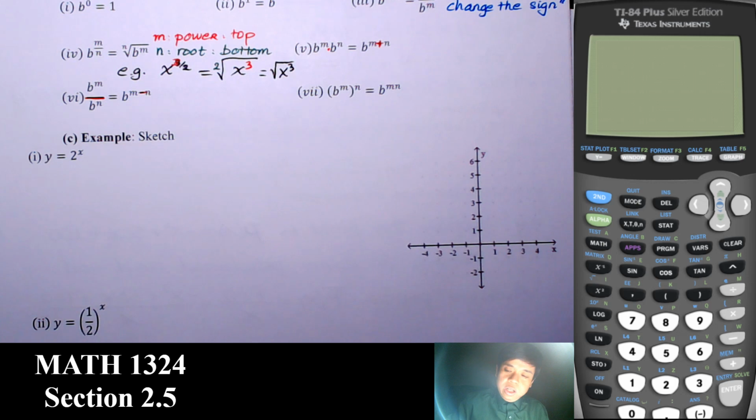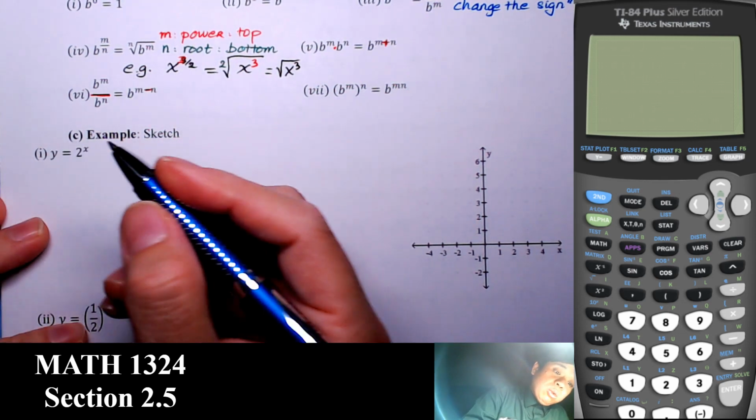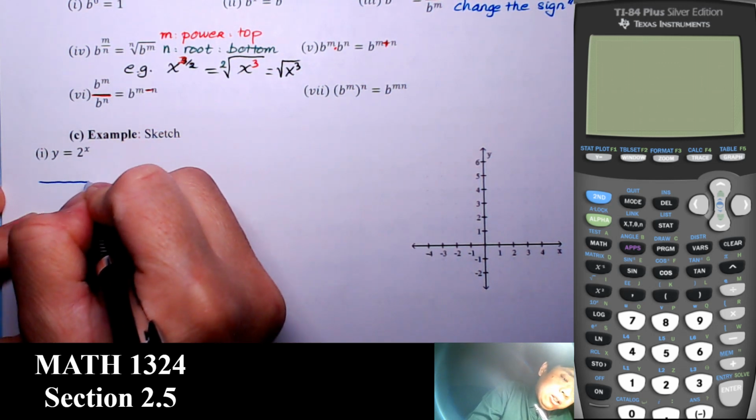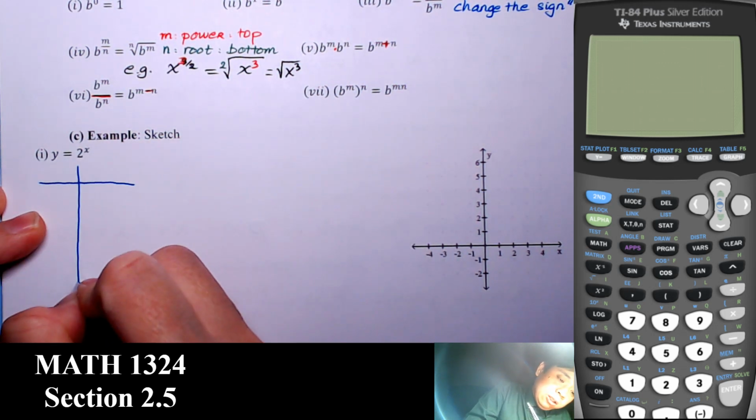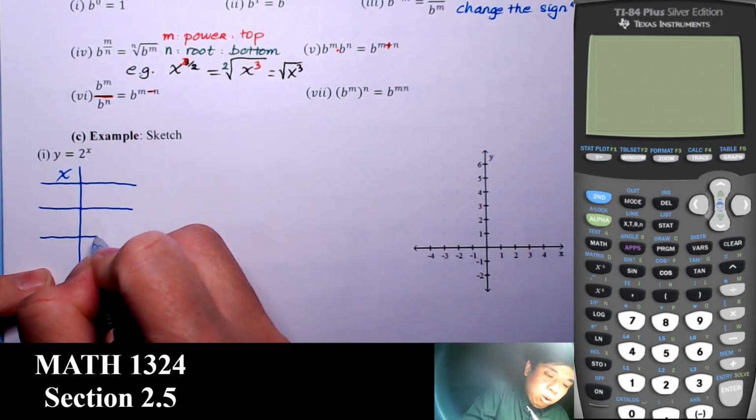Now we sketch, and sketching is just to find the points and find a curve on the line that goes through all the points as best we can. We'll just choose some x values and then find the y values.